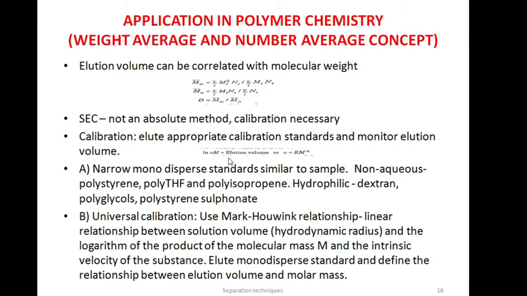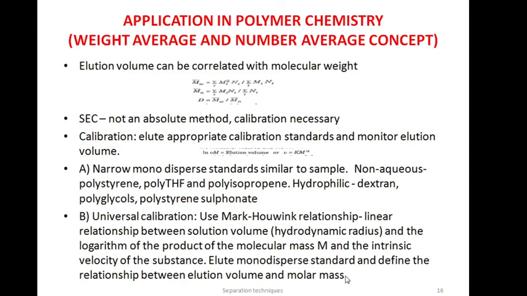You can use this equation. This is nothing but the Mark-Houwink relationship. You can elute monodisperse standards and define the relationship between elution volume and molar mass. Here we can find out at what volume what is going to come out, and what is the relationship with molar mass.